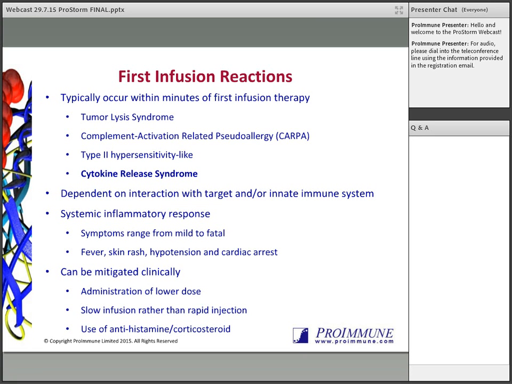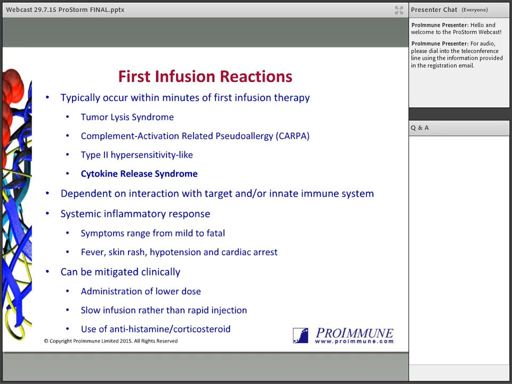For example, tumor lysis syndrome, which is most relevant to cancer chemotherapy, in which the therapy is delivered to the patient, and following the targeting and killing of the tumor cells, there's a massive release of cytokine and other material into the plasma and surrounding tissue. Other examples include complement activation-related pseudo-allergy reactions, type 2 hypersensitivity-like reactions, and of course cytokine release syndrome, which will be one of the focuses today.